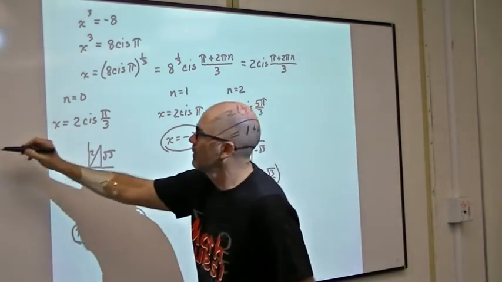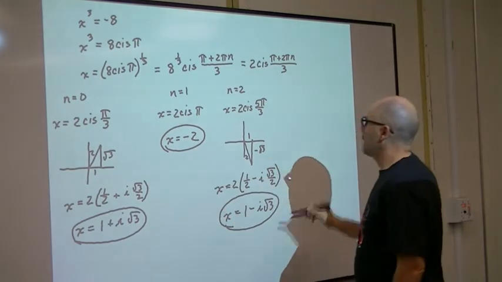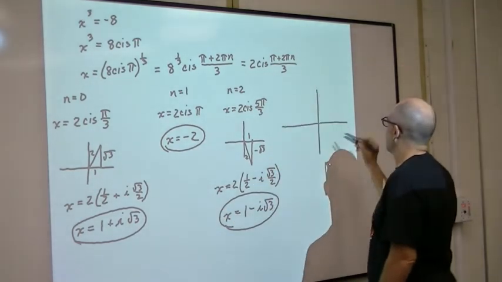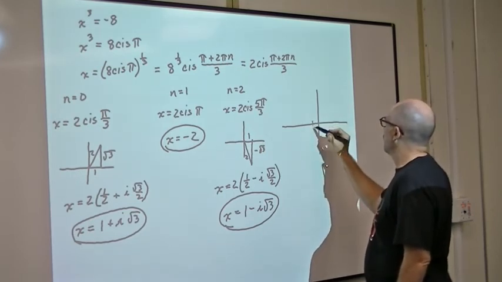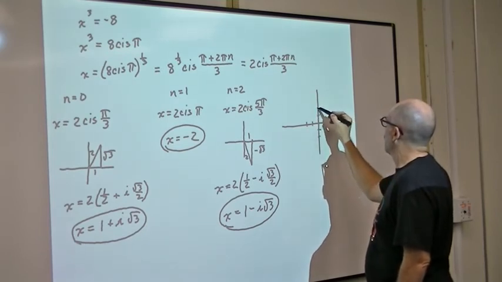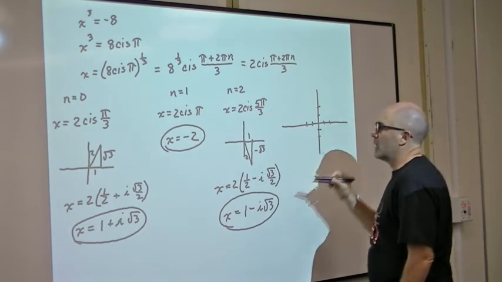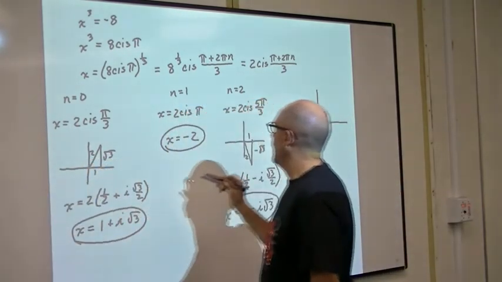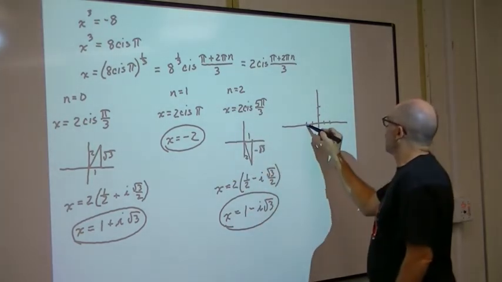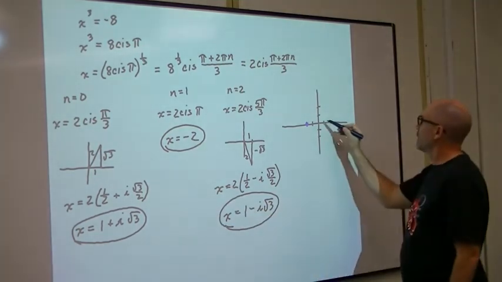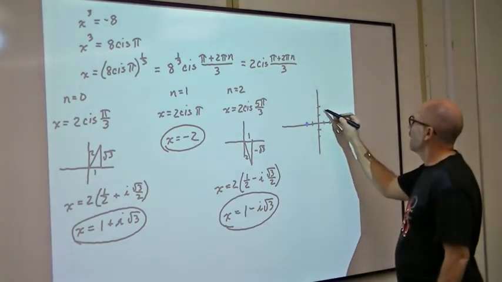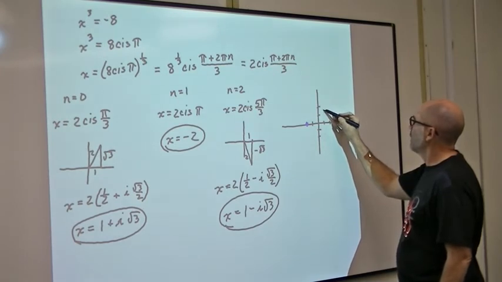But okay, let's graph these 3 points now on a complex plane. So I've got x equals negative 2 right here. Now, x equals 1 plus I square root of 3 would be right about here.